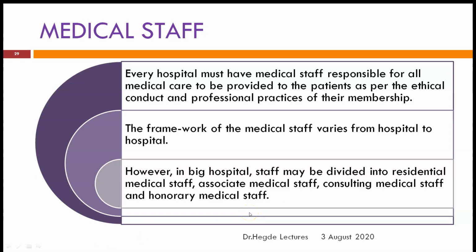Many hospitals have a medical resident, and a senior medical resident who is guiding, and there may be associate medical staff in coordination with the main medical staff. There may be a consulting medical staff, and there may be an honorary medical staff. We will see all these things one by one.